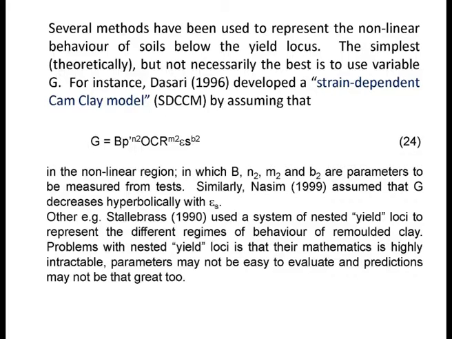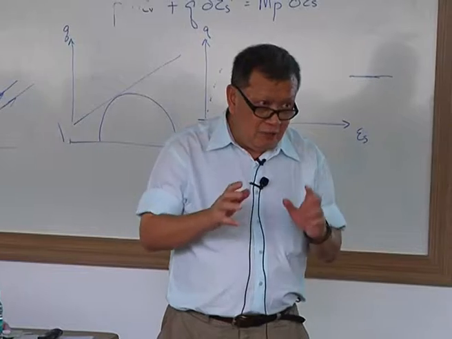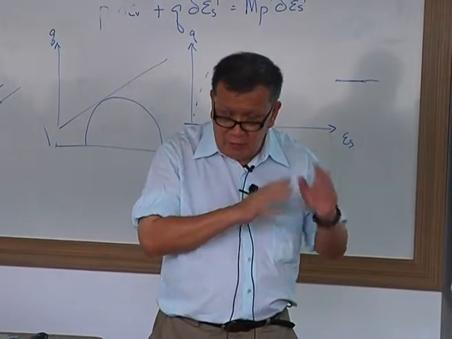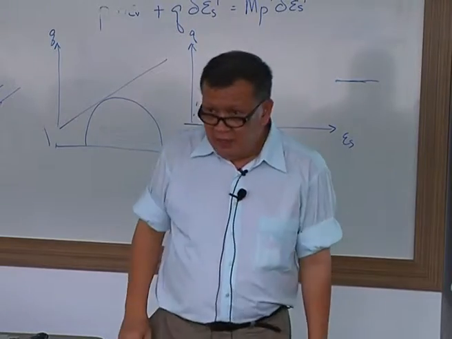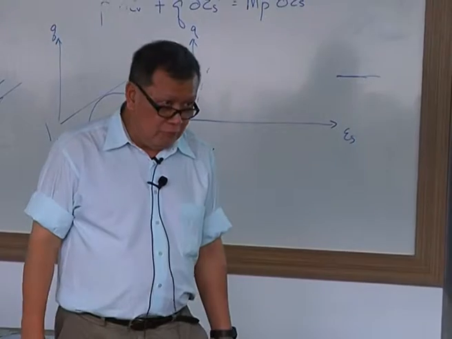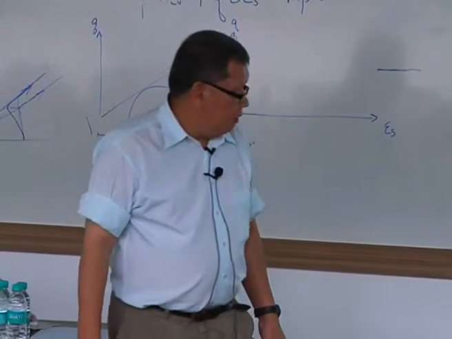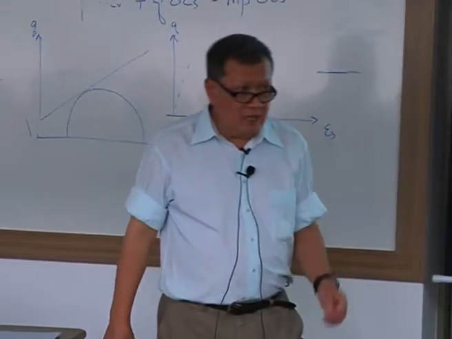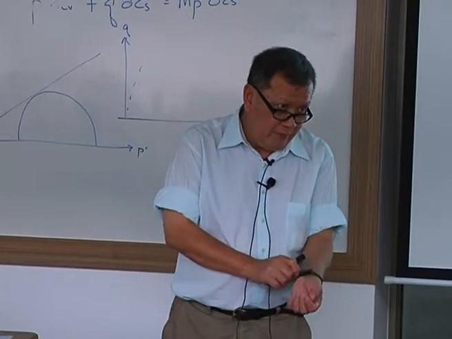And for clay, as a general rule, it is somewhere between 0.5 and 1.0, so quite close to 1.0. This is the kind of thing that people come up with. But if you want to be accurate, you really have to do your own test. Is that alright? So that is just a power dependency factor.